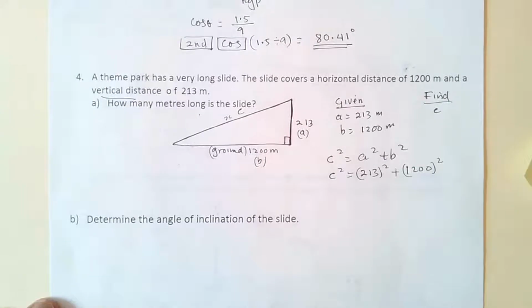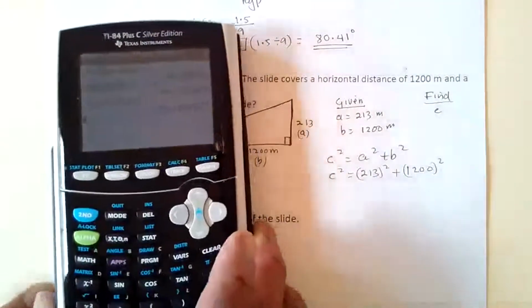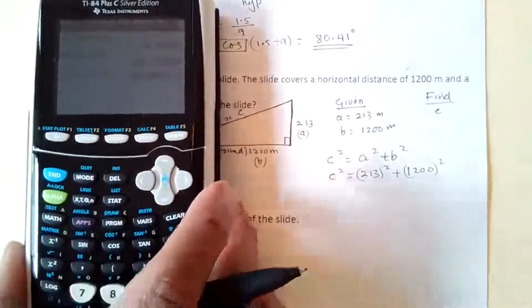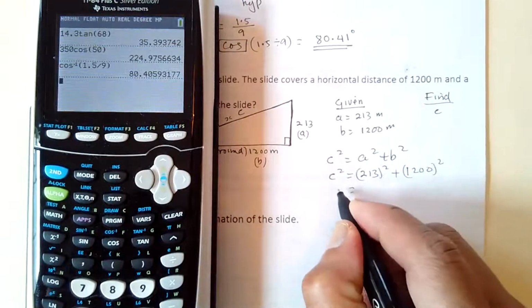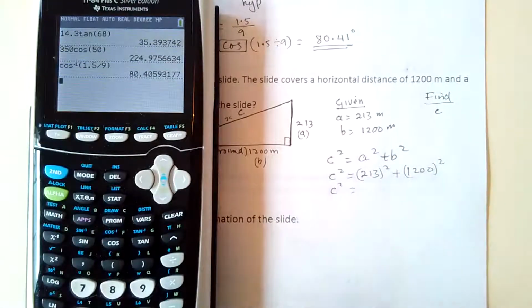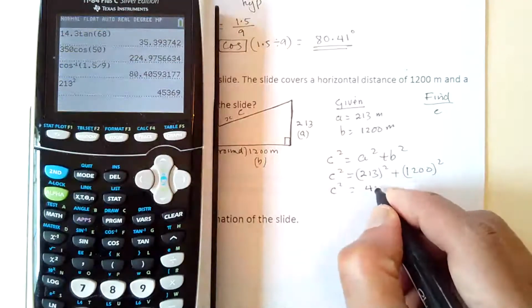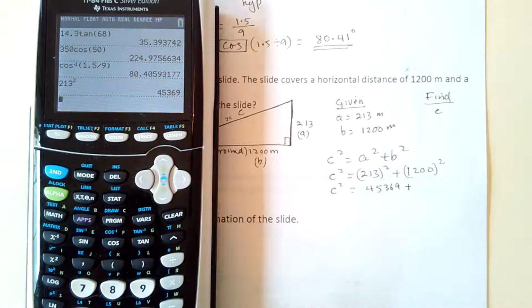When I have these huge numbers, I simply put them into the calculator and let the calculator do its work. So we have C squared. Now, 213 squared, remember, hit that square button. This gives me 45,369, plus we have 1,200 squared.